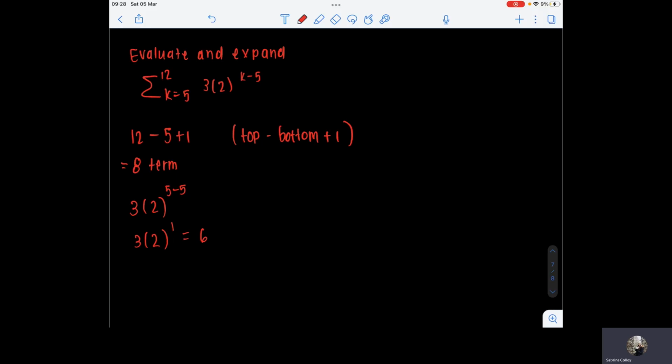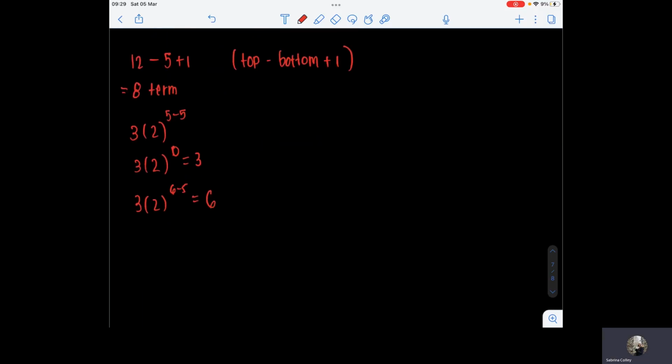My second term, remember, is the 6th term. So 3 times 2 to the power of 6 minus 5, sorry, 5 minus 5 is 0. So that is 3. Then my third one, remember it's going to be the 7th term because it goes term 5, term 6, term 7, because we started at 5.